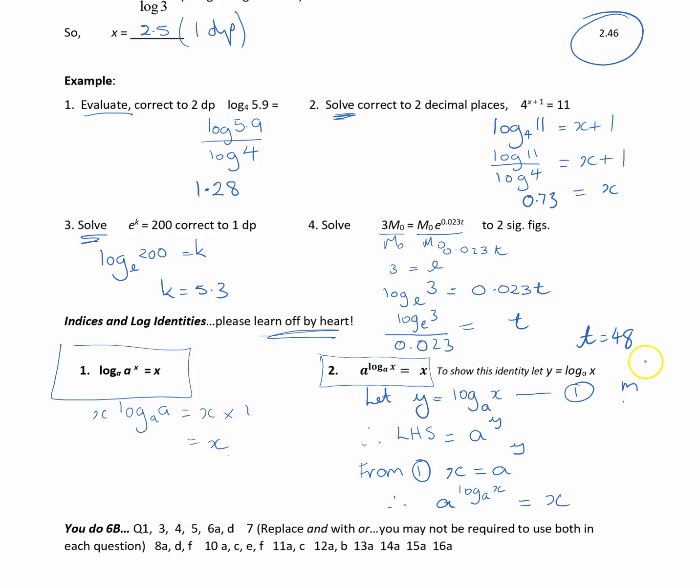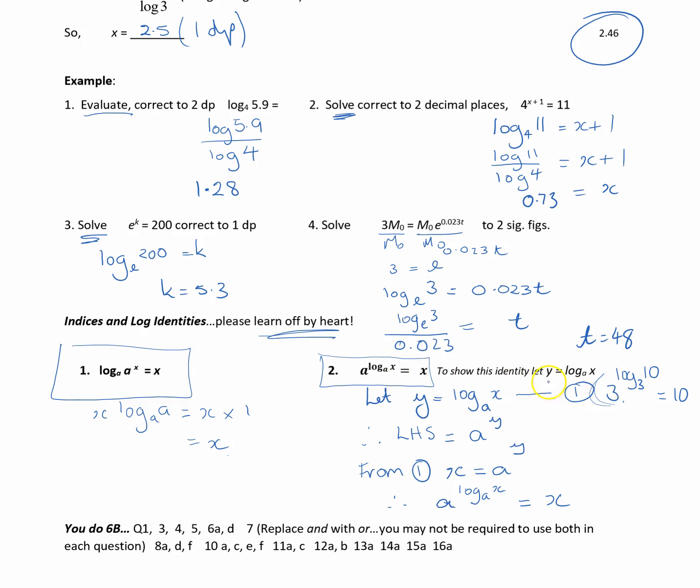Let's do it in numbers. If you have 3 raised to log to base 3 of 10, then your answer is 10. These two bases are the same, and you're taking the log of a number, then evaluating that whole thing gives 10. That comes up often, so it's important to realise that.